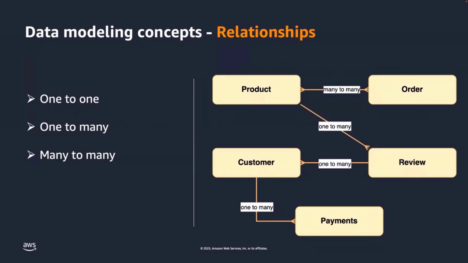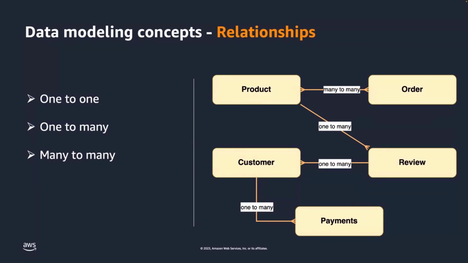The second concept is relationships, which refers to the representation of how multiple entities are logically connected to each other. We can have one-to-one, one-to-many, and many-to-many relationships. In the e-commerce application example, we have several relationships, such as a one-to-many between product and reviews, since a product can have multiple reviews, but one review will belong to one product.